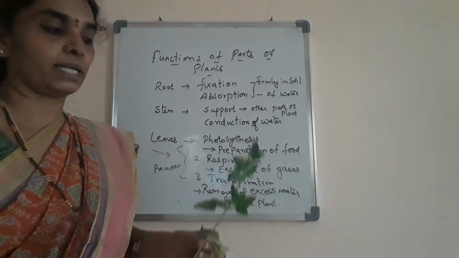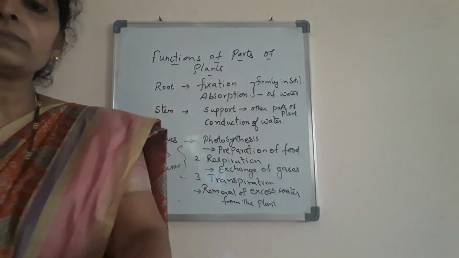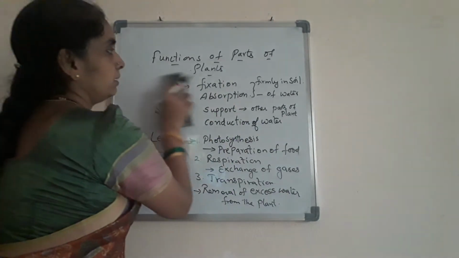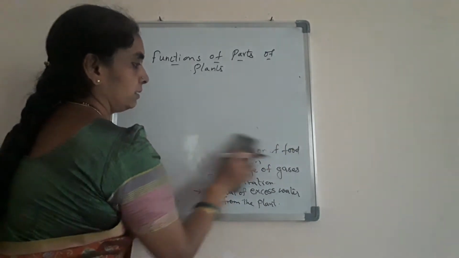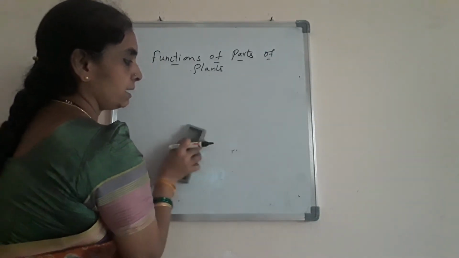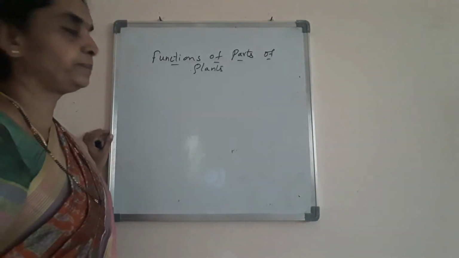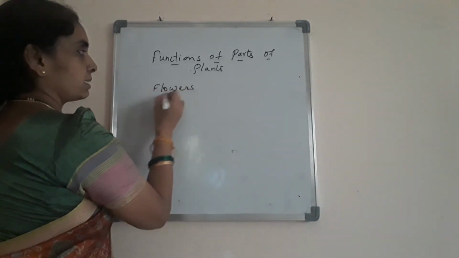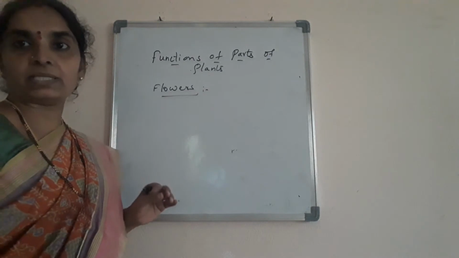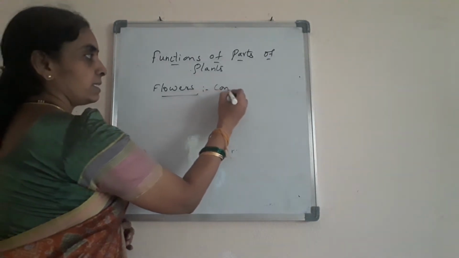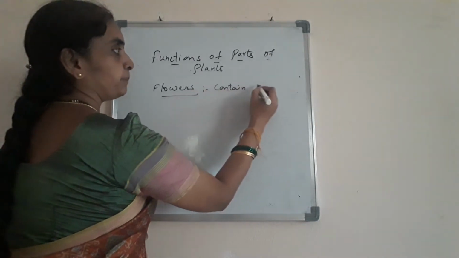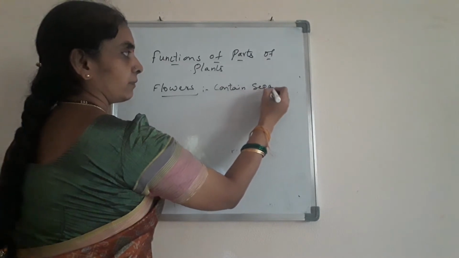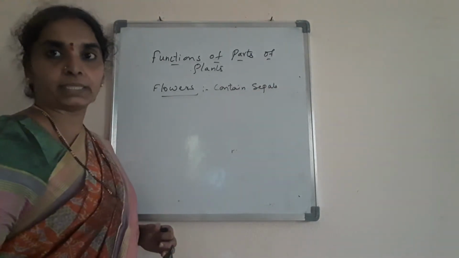Now we'll move to the next, the flower. Okay children. The next part of the plant is the flower. Flowers are of different colors, isn't it? Flowers contain sepals and also petals.